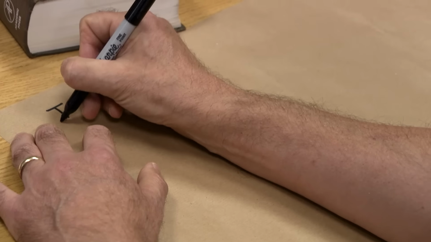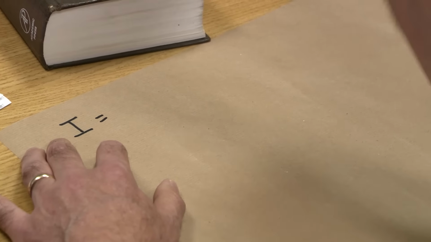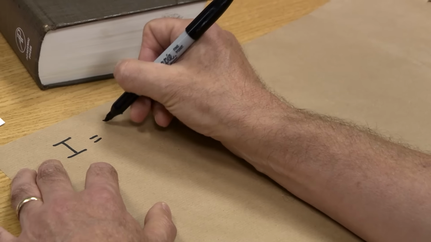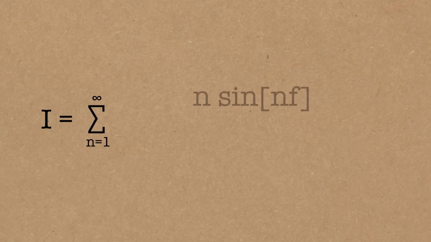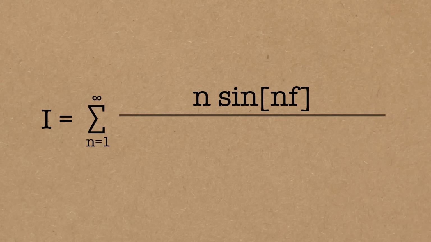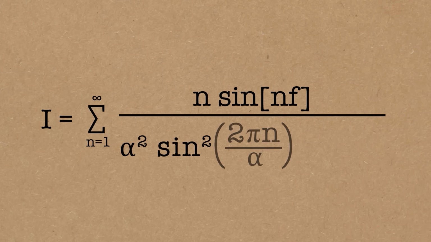So the sum is the following sum. I'll just call it I. So I is an infinite sum. The variable is n, and it runs from 1 to infinity. In the numerator, it's n times sine of nf, and it's all divided by alpha squared, another sine, except this is sine squared now, of 2 pi n over alpha, and that's then plus pi squared n squared.